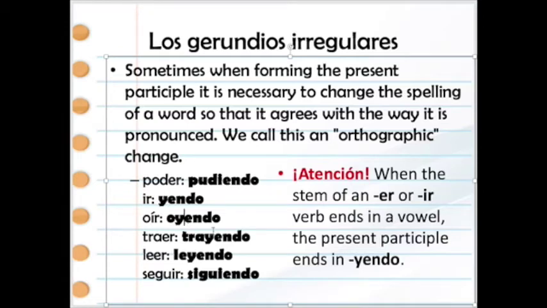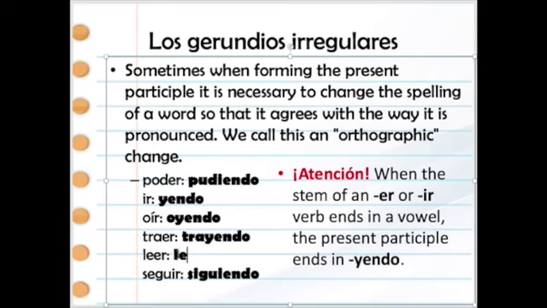Oír, same thing here. If I took the IR off and I just had an O, and then I added -iendo, in Spanish, we don't really want to put two vowels together like that. So what we want to do is change that I to a Y. Same thing here. We have two vowels. We would have an E and an I together. So we want to change that I to a Y. And then leer, right?